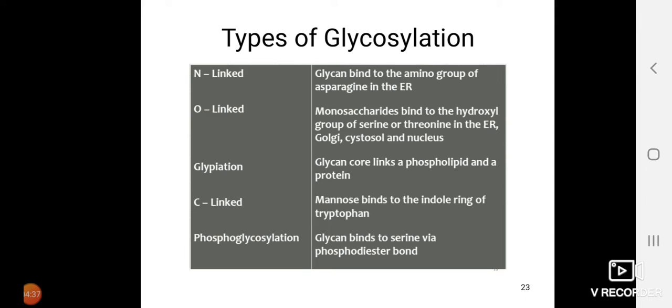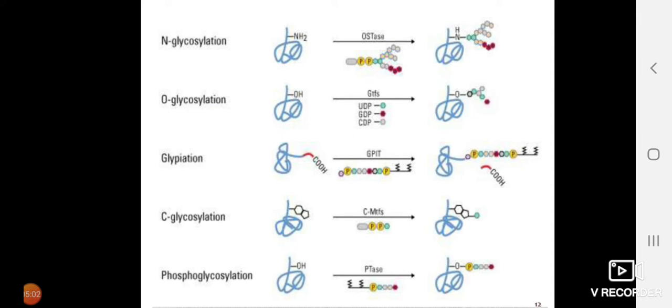There is C-linked glycosylation, where mannose is attached to the indole link of tryptophan, and there is phosphoglycosylation, where the glycan units are attached to the serine via a phosphodiester bond. So these are a few varieties of glycosylations which we generally see in protein modifications.